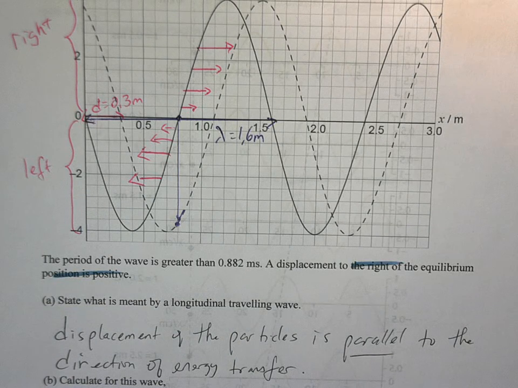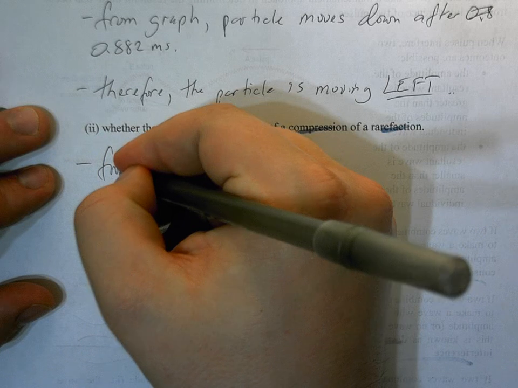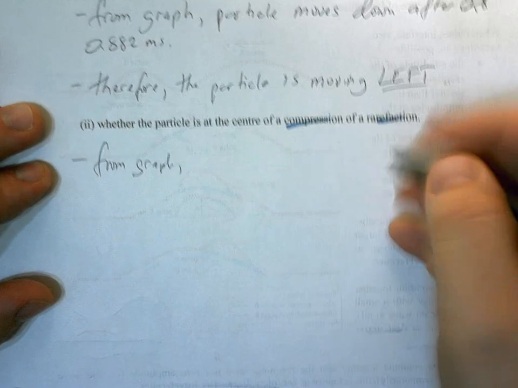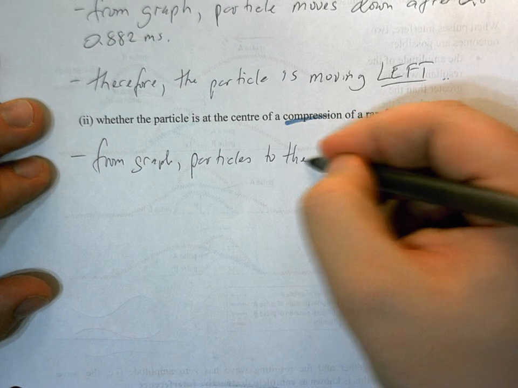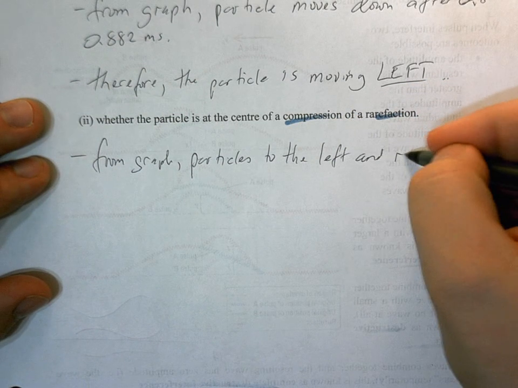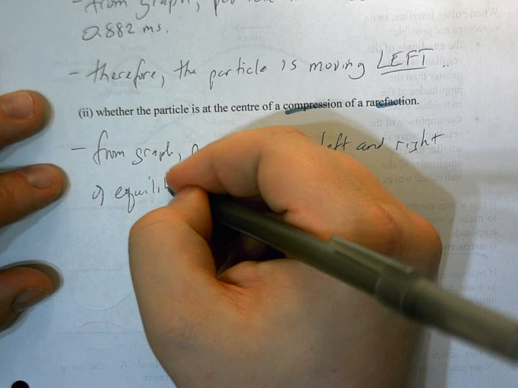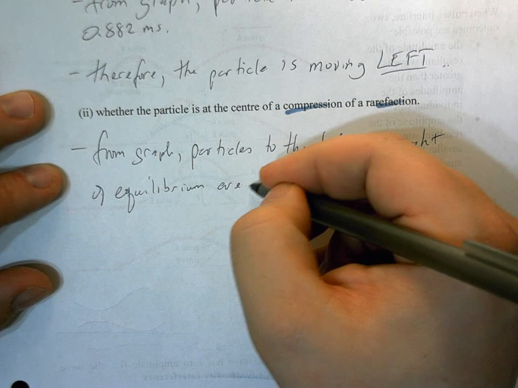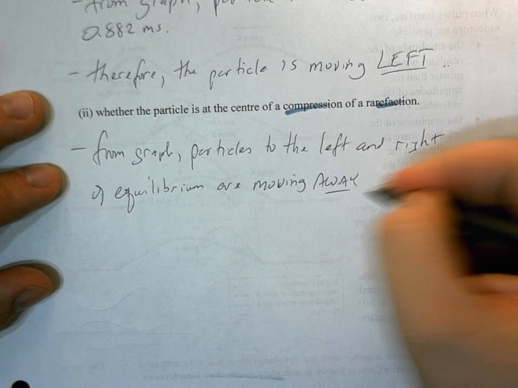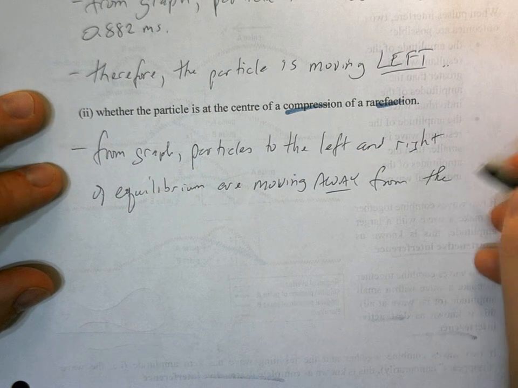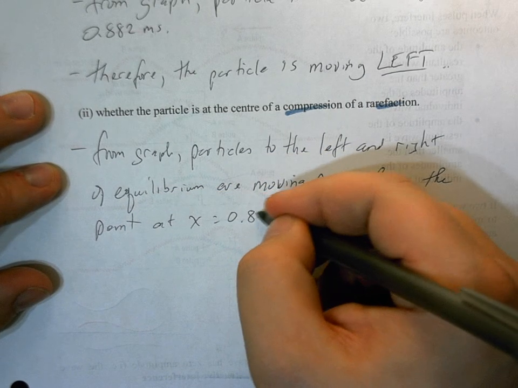So we want to write that out. Again, from the graph, particles to the left and right of equilibrium are moving away from the point at x equals 0.80 meters.